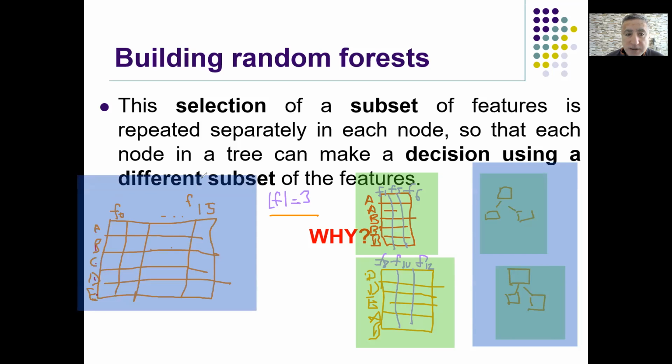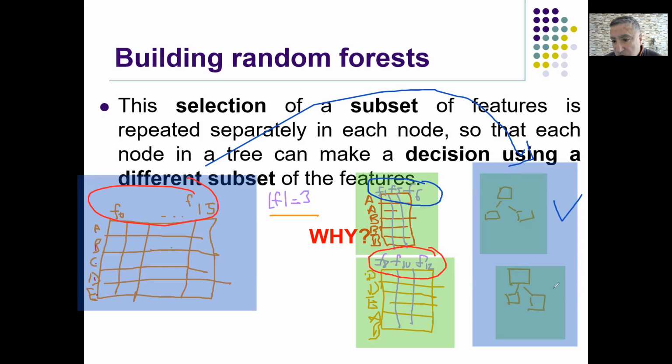The algorithm will select these features for testing this tree, then select those features for testing the next one, and we are gonna combine the results of these decision trees as the decision of the random forest. Is that clear for everyone?